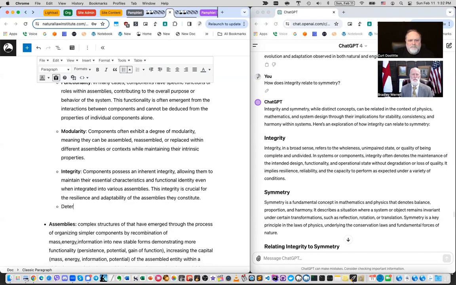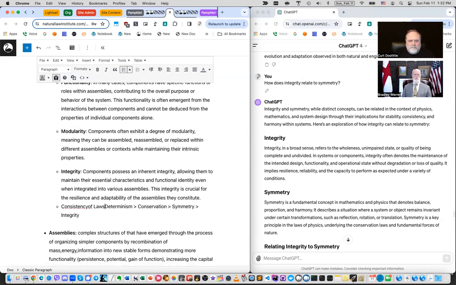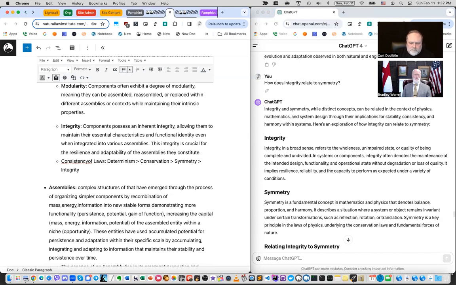We have determinism. Conservation. Symmetry. Or the other way around. That's the law, right? Yes, that's right. But determinism is causality.